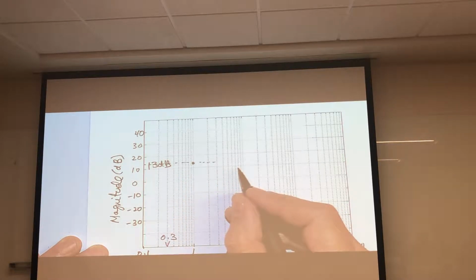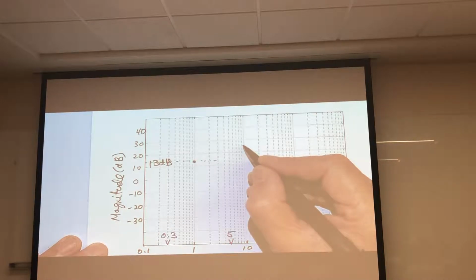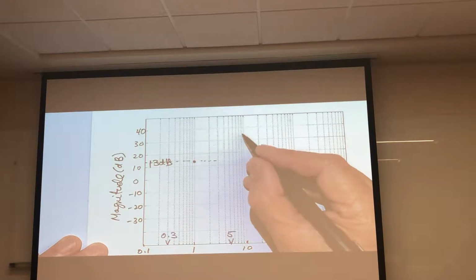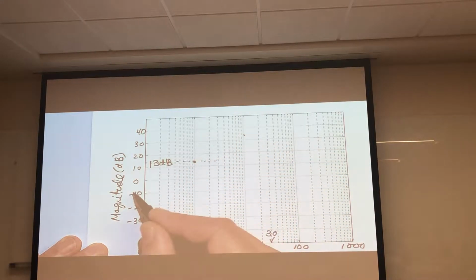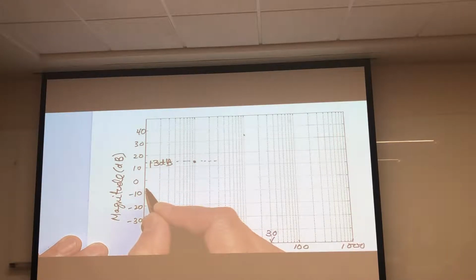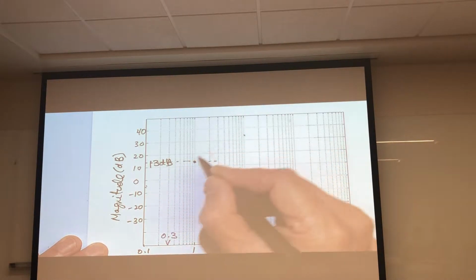So 1 decade away at 10, we would be up 20 dB, so 20 plus 13 is 33, so we would be about here. 1 decade this way, I would be 20 dB below that, so I'd be at minus 7. That's somewhere about here. So I need to connect the lines like this.